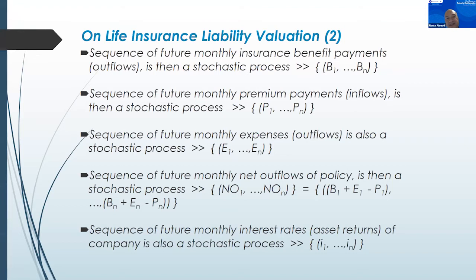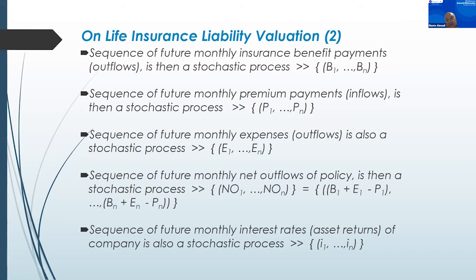How about expenses of the company, or maybe expenses associated with this policy we're considering? Well, it can be modeled as, again, a stochastic process with n elements and random variables. So basically, if you combine the insurance benefit payments with the premium payments and also with the expenses, you get the net outflow sequence.